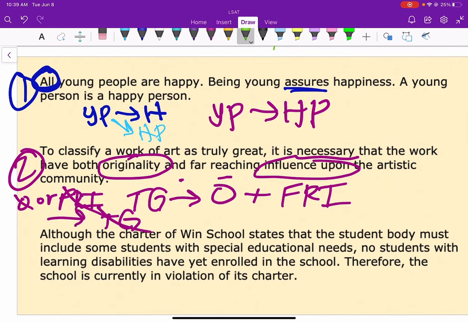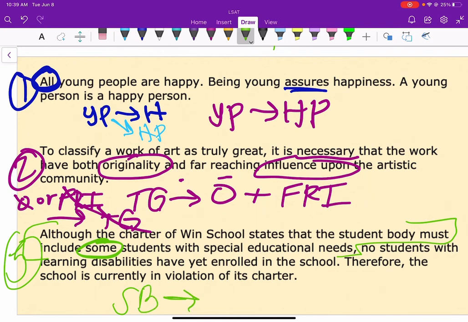And then lastly, for number 3, it says, although the charter of Wynn School states that the student body must include some, so at least one student with special needs, no students with learning disabilities have yet been involved. Okay, so I just wanted us to diagram this first sentence here, where it says, although the charter states that a student body, so if it's a student body, it must have at least one student with special education needs.